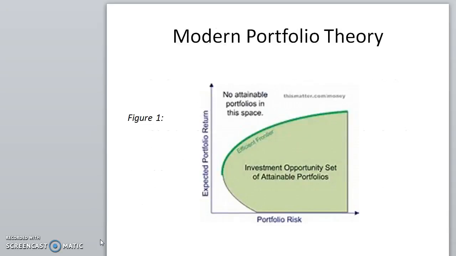With regard to that, Harry Markowitz came up with a theory to explain how this works. The leftmost point, that is this point, on the minimum variance frontier is the portfolio with the minimum variance among all portfolios of risky assets, and this is referred to as the global minimum variance portfolio.